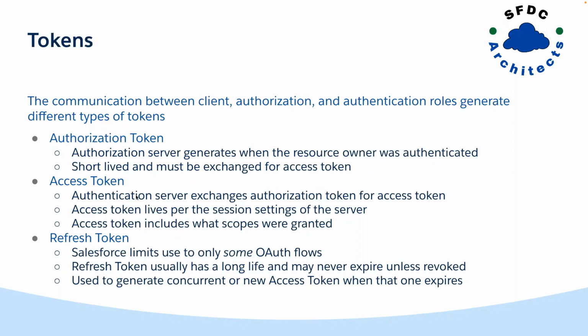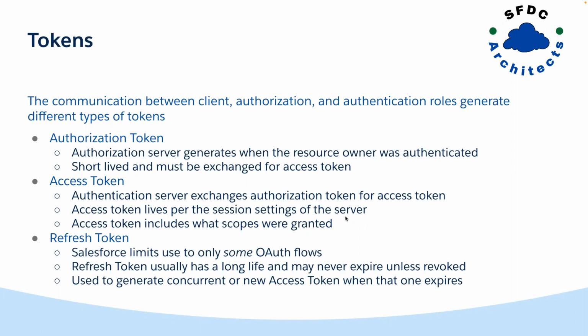An access token gets exchanged. And this one, like we were saying, can live per your session settings in your org or in your server. And it usually includes what permissions that person gave. So for Workbench, if I give access to the data in Salesforce, it comes back as it does. If I deny that, then I was authenticated, but I provided an access token with no permission, so they can't do anything with it.